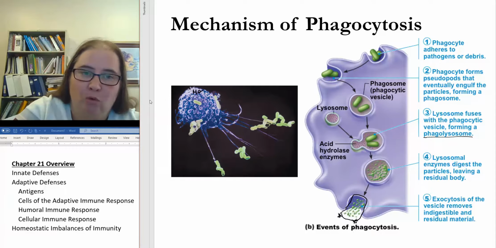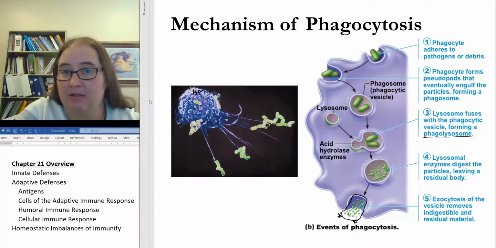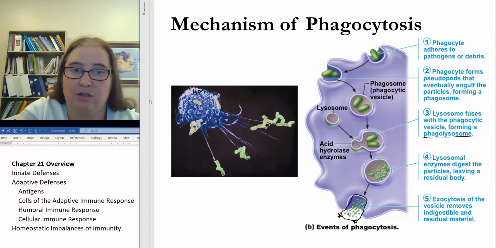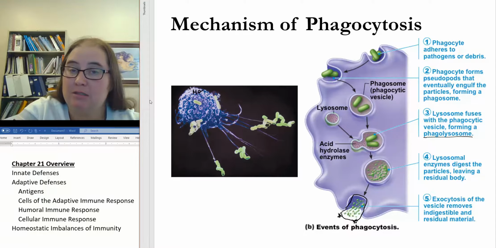Now, the reason why this macrophage doesn't die in this process is that the digestive process stays within this vesicle. If, for example, the macrophage consumed this foreign substance but didn't maintain it in a vesicle, and it just released the enzymes within the lysosome into the inside of the cell, those enzymes would destroy all of the organelles in the cell.